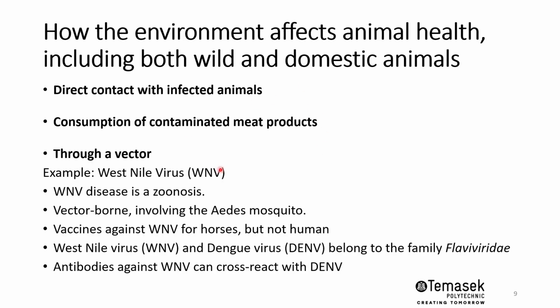Another factor that can affect the transmission of zoonotic disease is the consumption of contaminated meat products. Consuming food that is derived from infected animals can also lead to the transmission of zoonotic diseases.